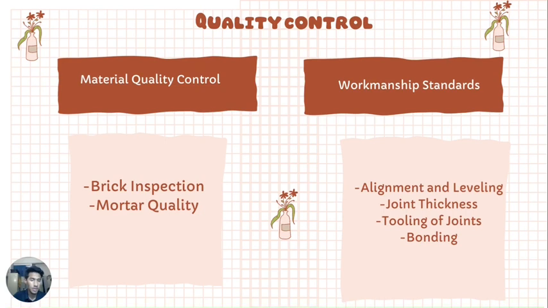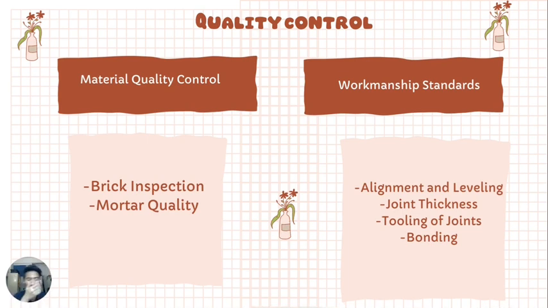We have two elements: brick inspection and mortar quality. For brick inspection, we must verify that the bricks meet quality standards in terms of size, shape, color, and absence of defects. These include checking for cracks, chips, or other imperfections.